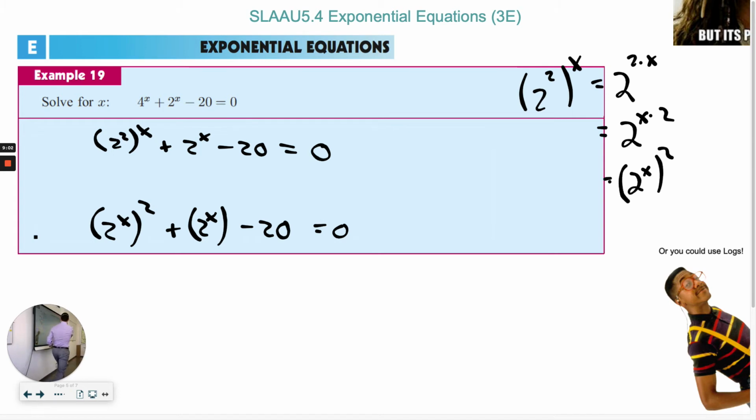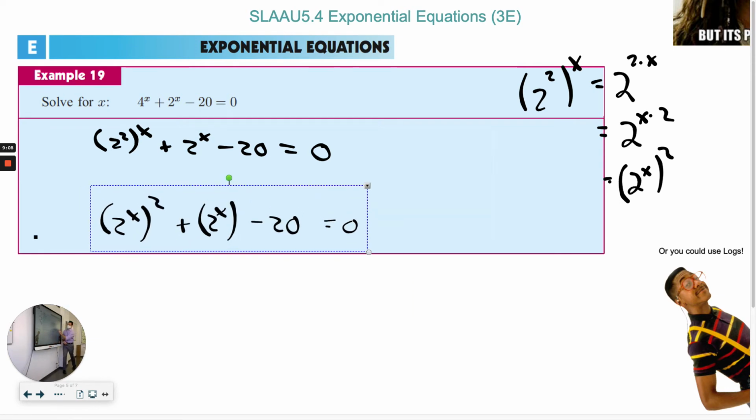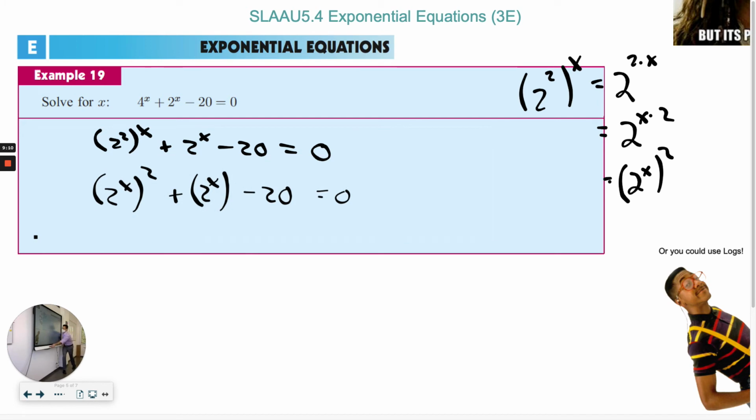I like that because this looks a little more approachable. And you don't need to switch out, but maybe say, okay, let m equal 2 to the x. You can say, okay, well, therefore, m squared plus another m minus 20 equals 0.